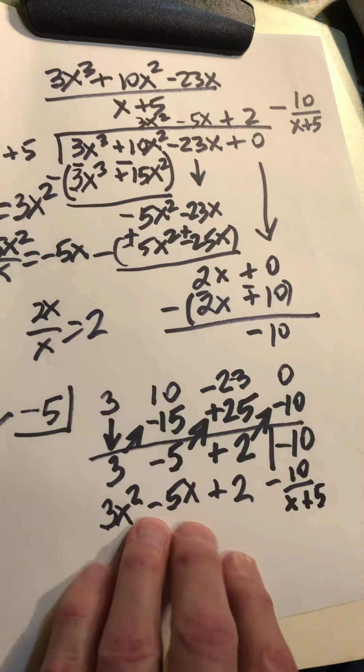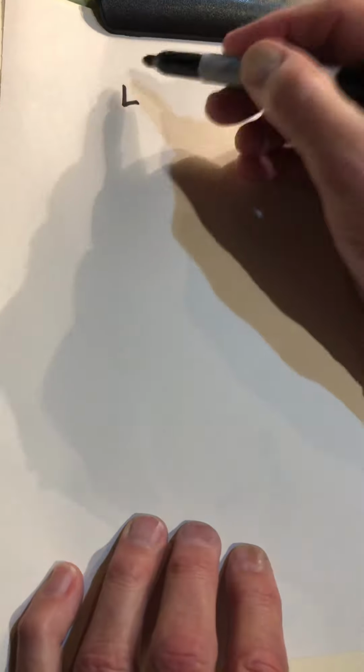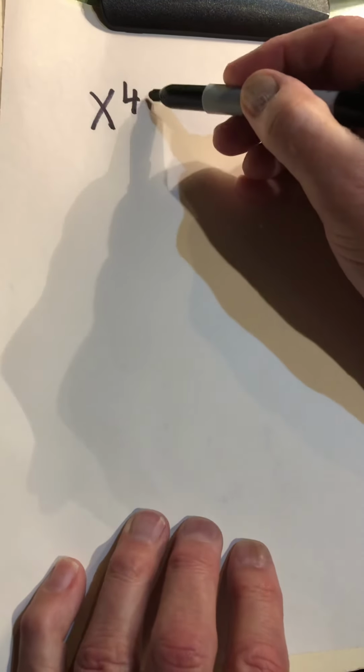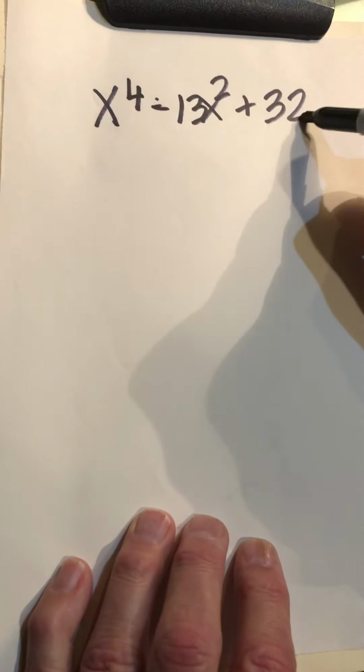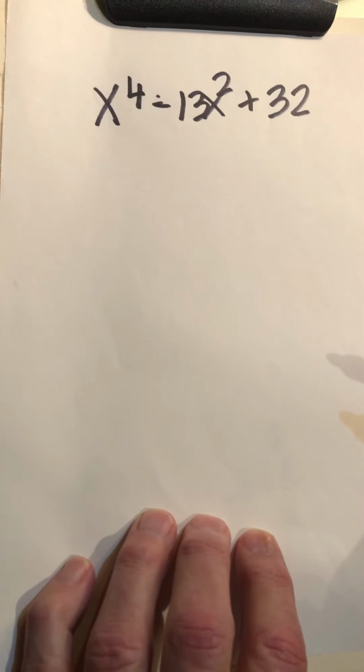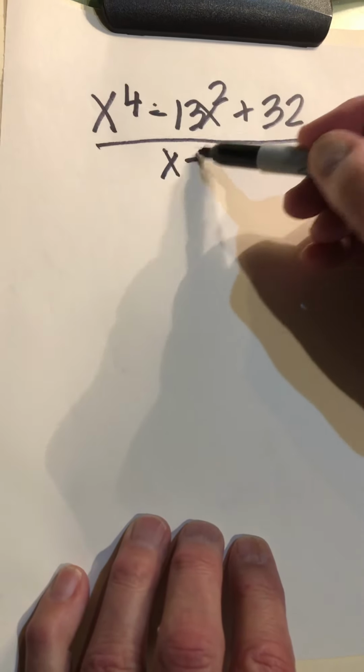Okay, one more quick example. If I have x to the 4th minus 13x squared plus 32, can I do that by both synthetic and long division if it's divided by x minus 3?